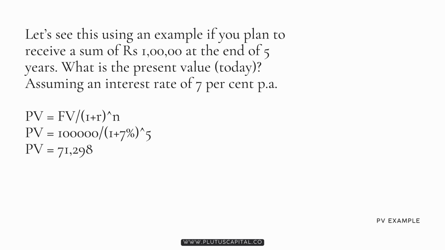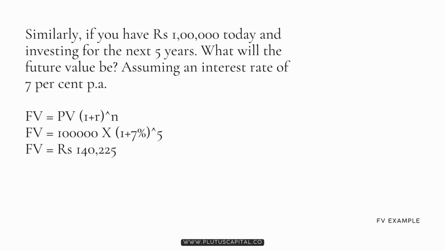Similarly, if you have rupees 1 lakh today and you're investing it for the next 5 years, what is the future value? Again, you can assume 7% per annum. In this case, future value is equal to 1 lakh rupees present value multiplied by (1 plus 7%) raised to the power 5.